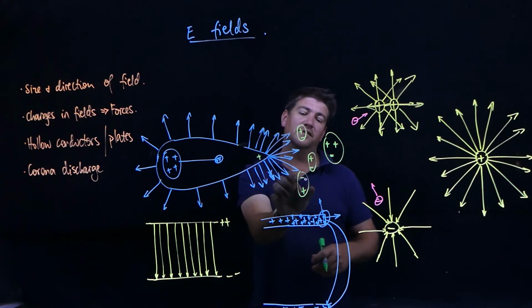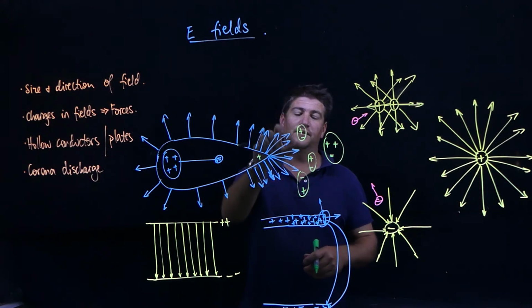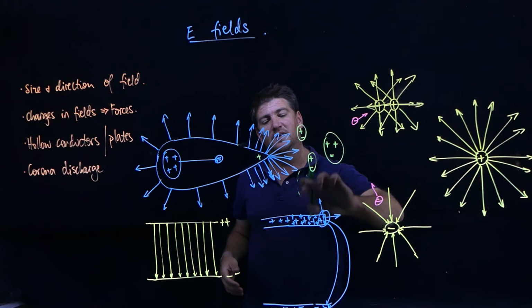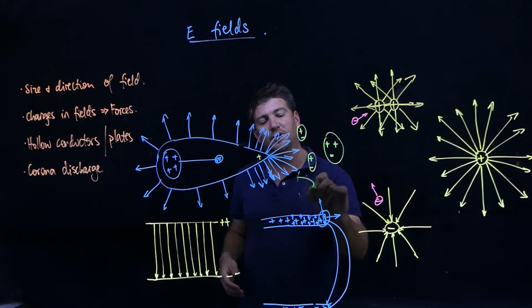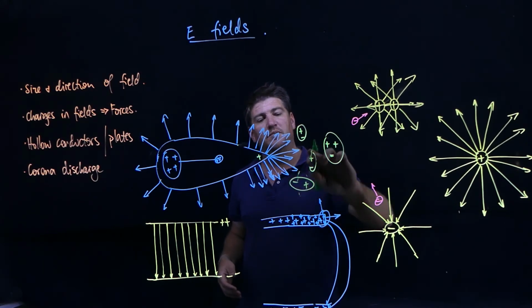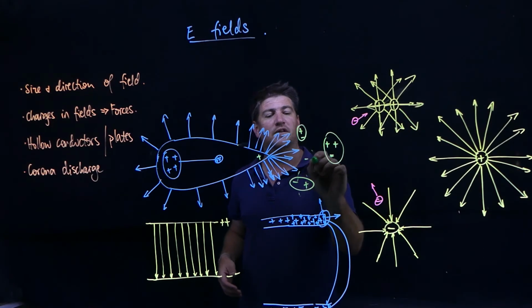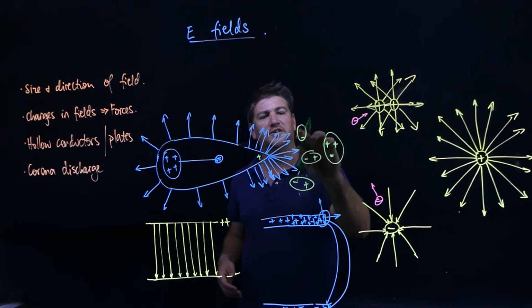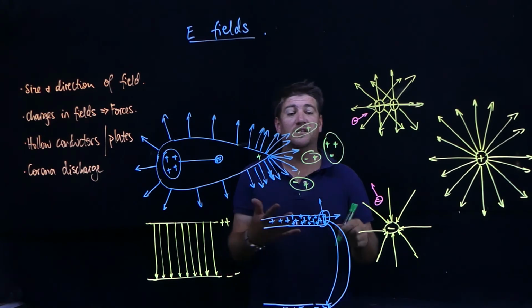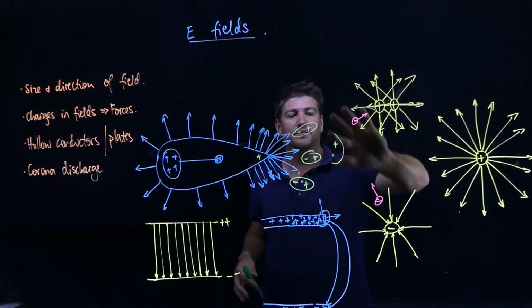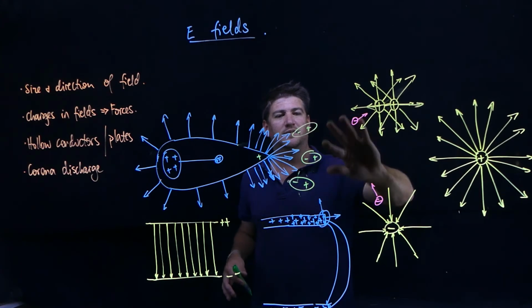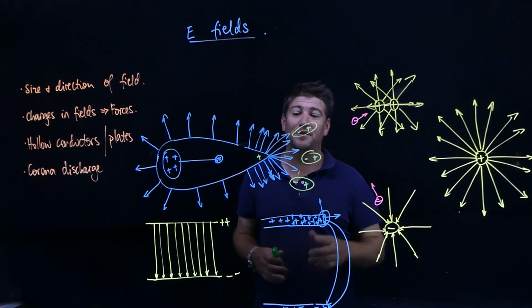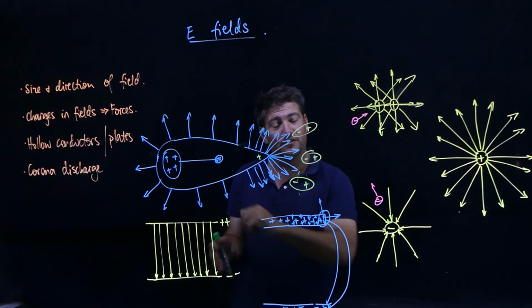So these things twist, and the positive bit starts to be more repelled by the surface. So now we've got this tiny, tiny separation of charge, where we've got the positive bit a little bit further away, and then the electrons kind of close together.